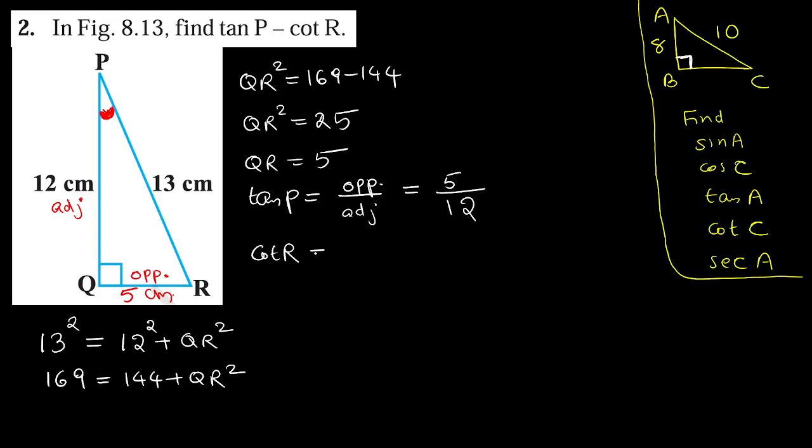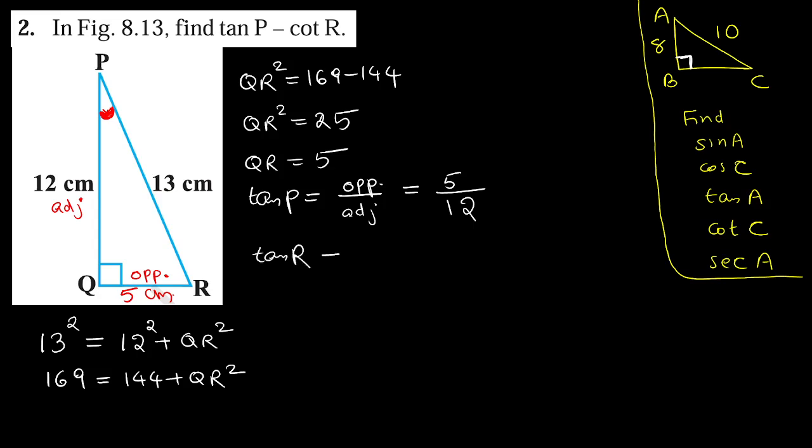Cot R, we are not familiar with cot. You know that cot is the reciprocal of tan. You take the reciprocal of tan, you will get cot. We are familiar with sine, cos, tan. So cot R, yes, definitely we will get.